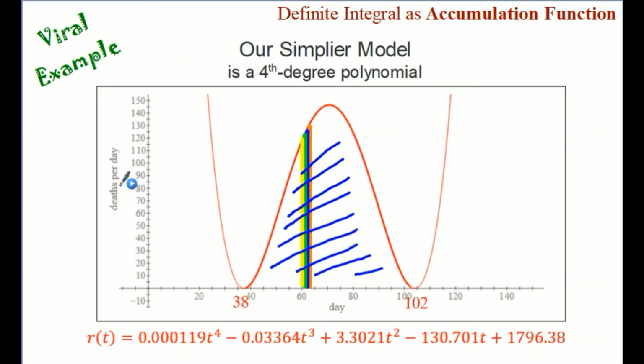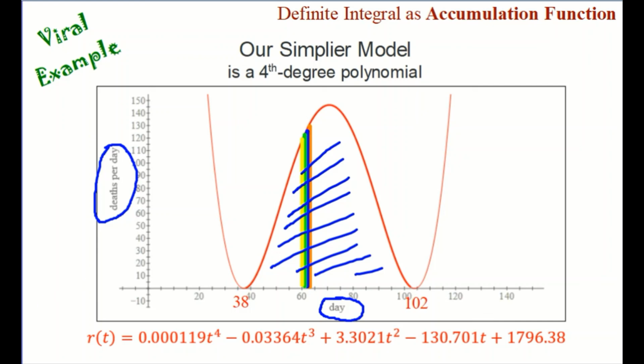It's how many deaths are accumulating. Again, because we have this rate. The function is a rate, and when you integrate a rate, you're accumulating the change. So that's the big idea. Deaths per day times day gives you number of deaths. A rate over time, a rate times time, gives you the total number accumulated.